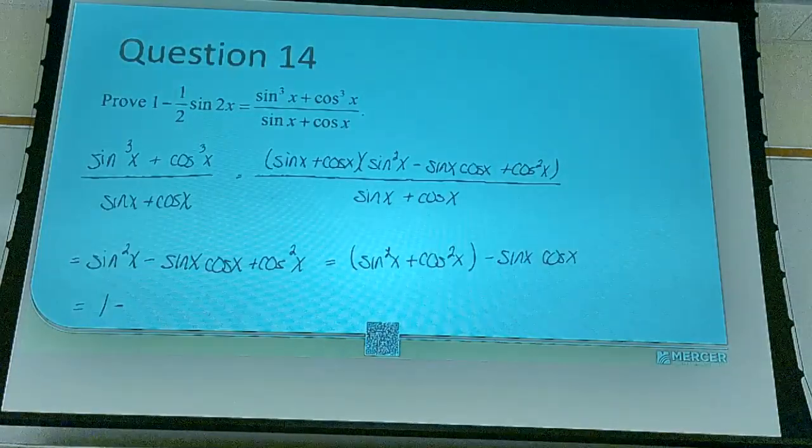Sine x times cosine of x. If you look at the double angle identity on sine, sine 2x is twice sine x cosine x, right? Solve for sine x cosine x.